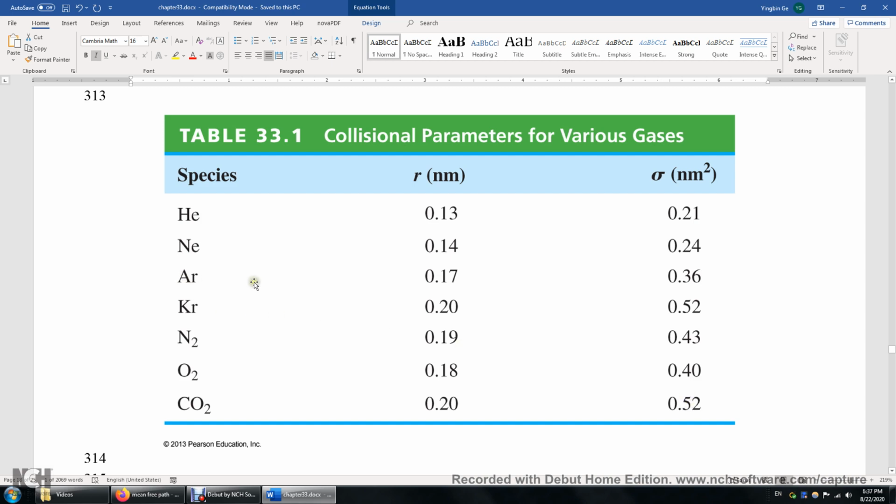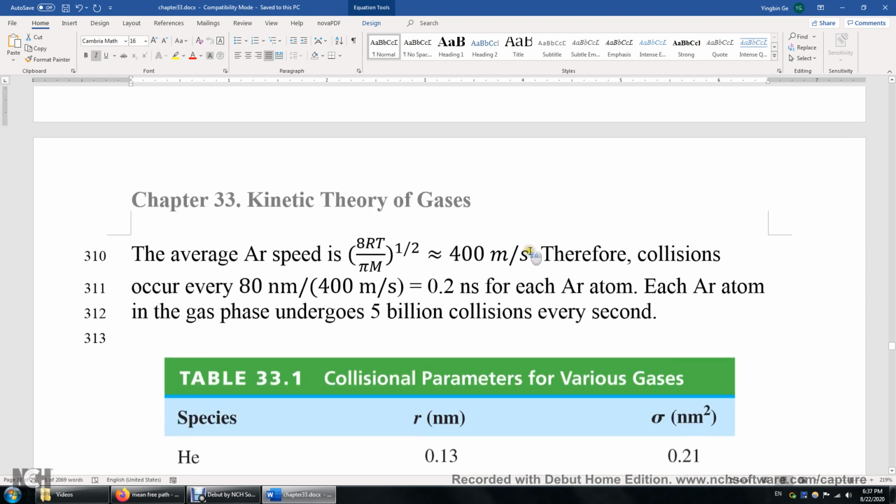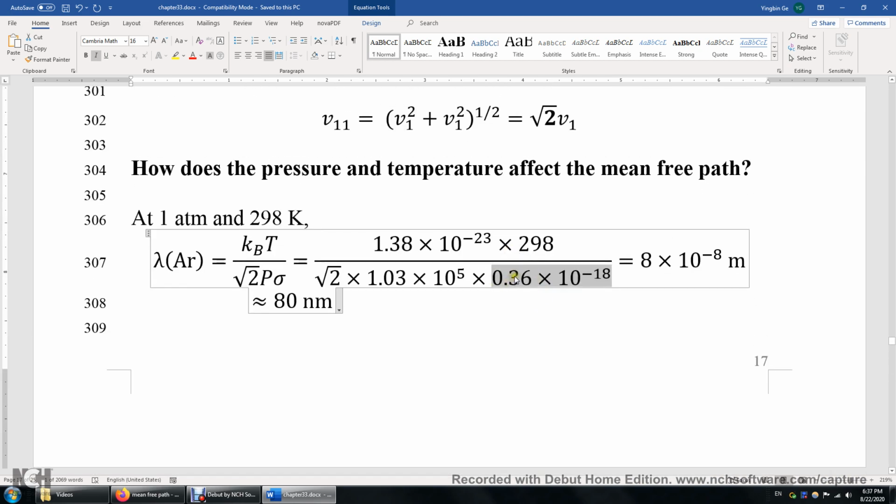If we look at argon, the cross-sectional area is 0.36 square nanometers. And I converted 1 square nanometer to 10 to the power of negative 18 square meters. Do the calculation, you'll get 80 nanometers. So on average, an argon atom will travel 80 nanometers between two successive collisions.